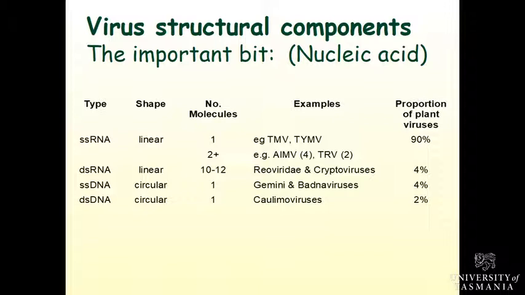But in biology, there's always exceptions, so as soon as you say all viruses are like this, you'll find new ones. So yes, there are some double-stranded RNA viruses, there are some single-stranded DNA viruses, and there are some double-stranded DNA viruses. So we've got the full gamut of the different structures, but these guys are by far the most common.